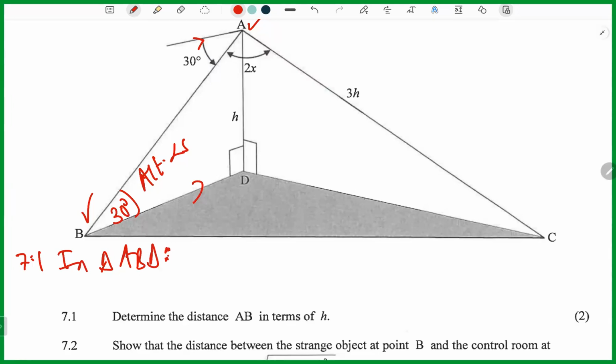So in triangle ABD, you're going to have opposite over hypotenuse. So you're going to have the sine of 30 degrees. Opposite, which is AD, over the hypotenuse, which is AB. AD is the same as h.